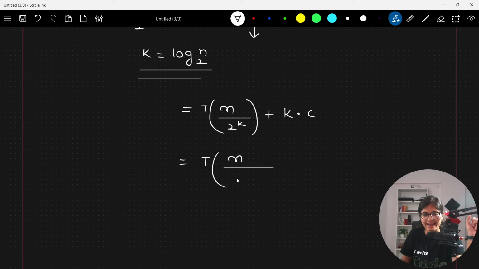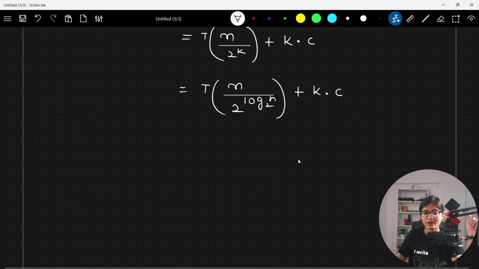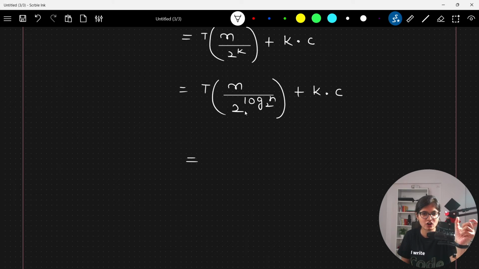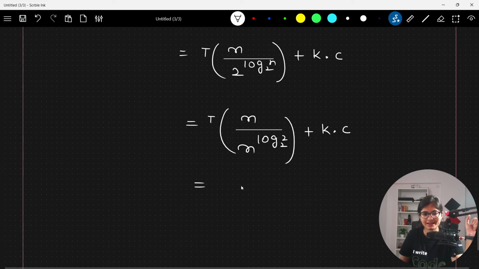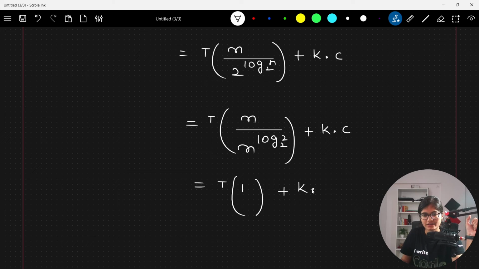So it will be T of n by 2 to the power log of n base 2 plus k into the value of c. I hope everyone is aware of the logarithmic properties. Here you can just replace the value of n and 2, so you will be able to get T of n by n to the power log of 2 base 2 plus k into c. So in this way, you will be able to get the value as T of 1 plus k into c.